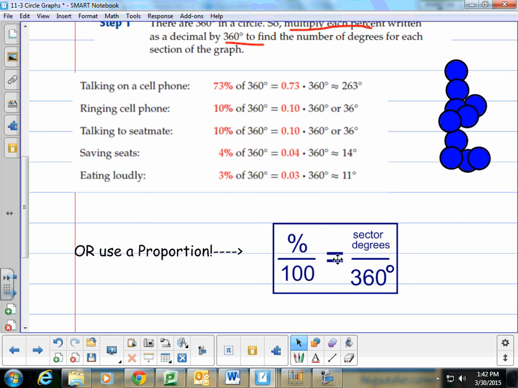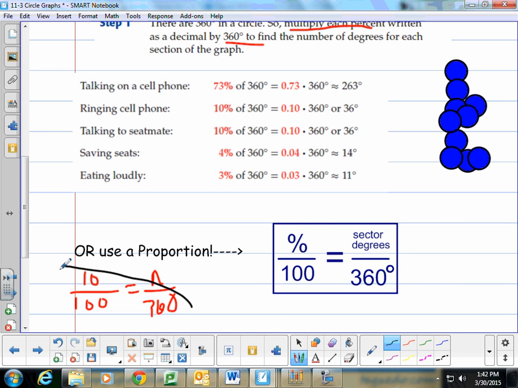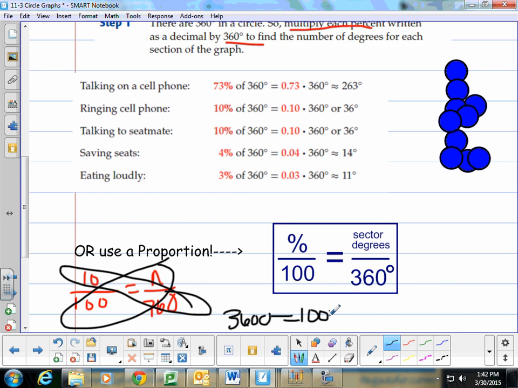What you could do too is use a proportion. If you really wanted to, you could do 10 out of 100 is 10%, and that's the same as how many degrees out of 360. Then you would use your cross products, and then you would divide to get your variable alone.